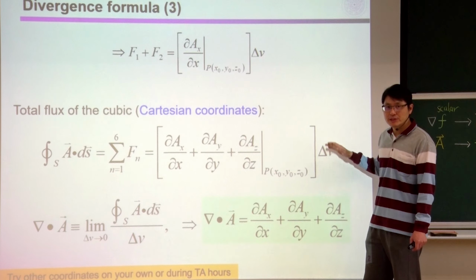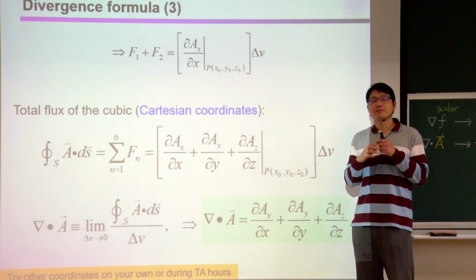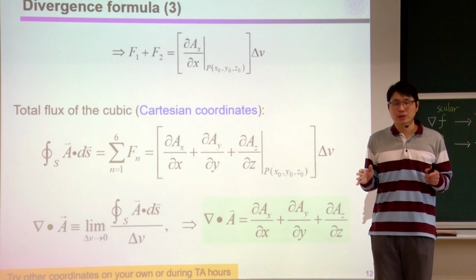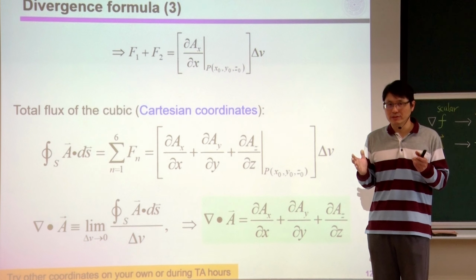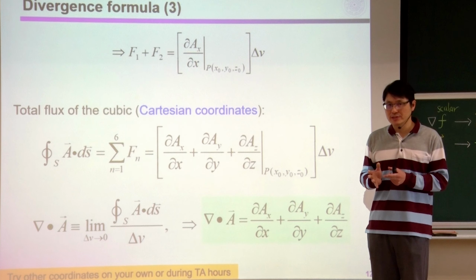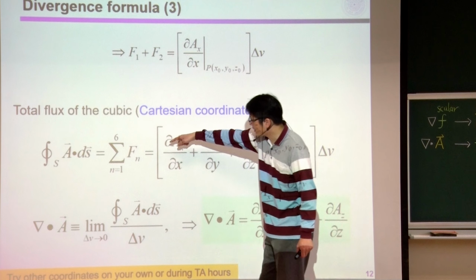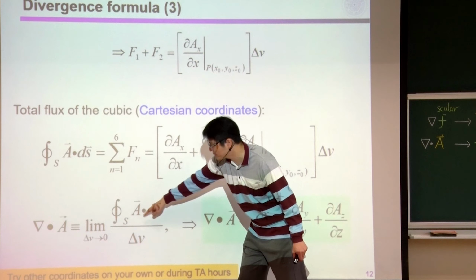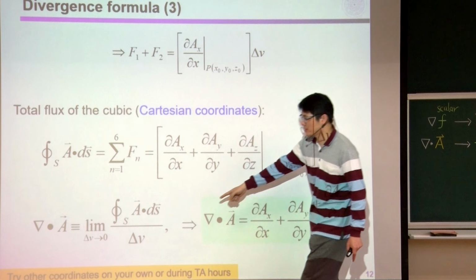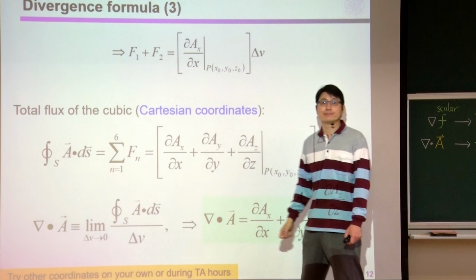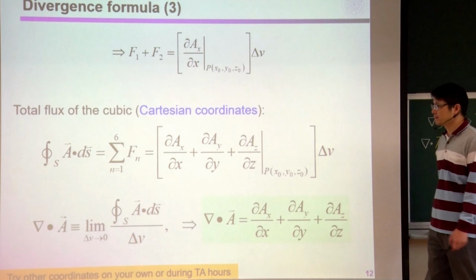Okay, this is our very first evaluation of the net outward flux of the field on all surfaces. Now you plug this in, and you'll be very happy because delta V is divided by delta V. It's gone.